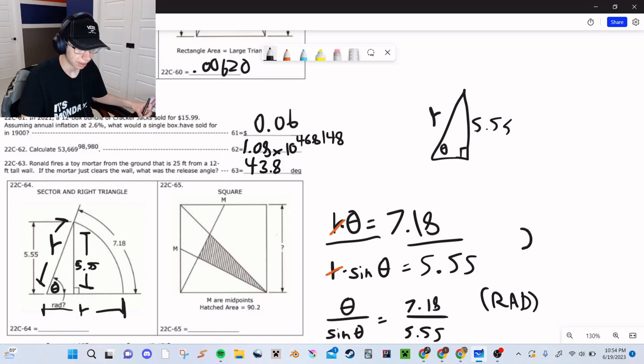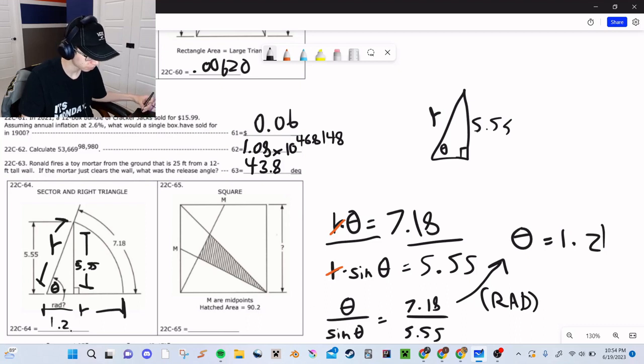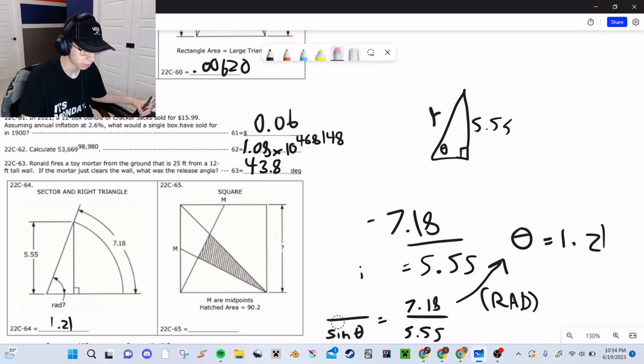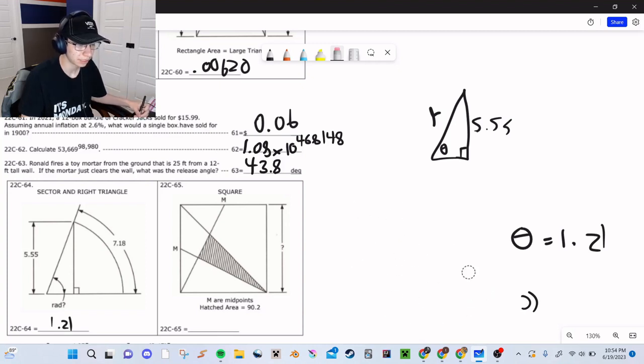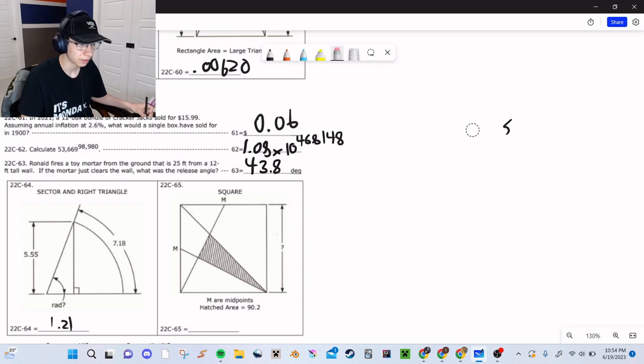And I get that theta is equal to 1.21. That's my answer for 64. So you have to know that arc length formula and, I guess, SOHCAHTOA, that triangle part.